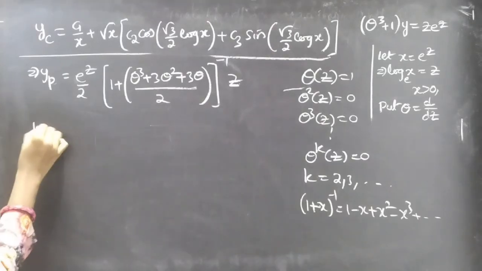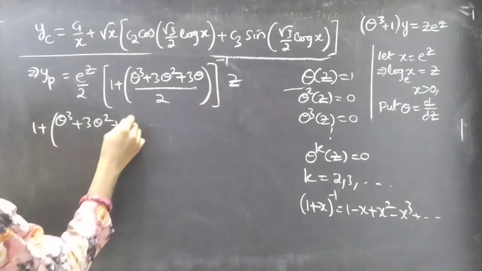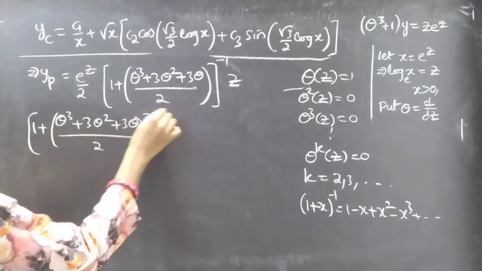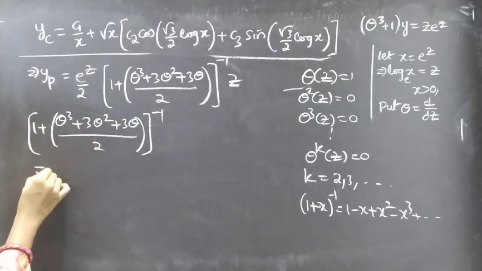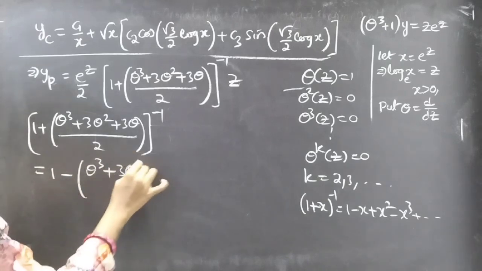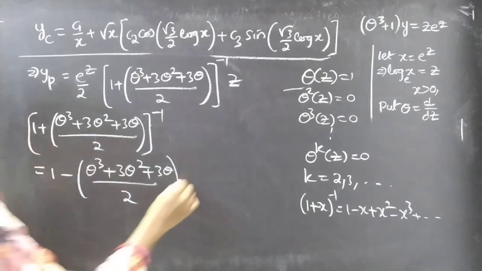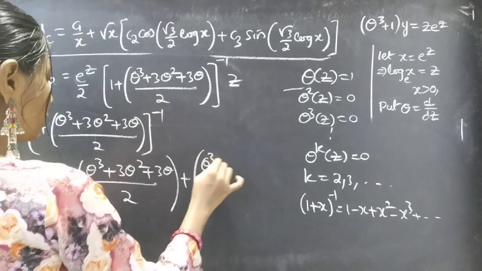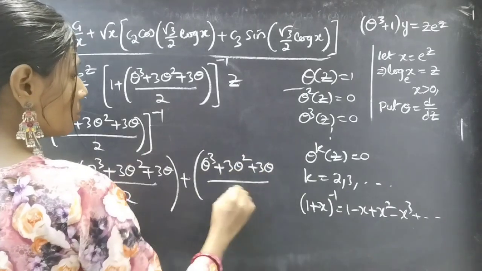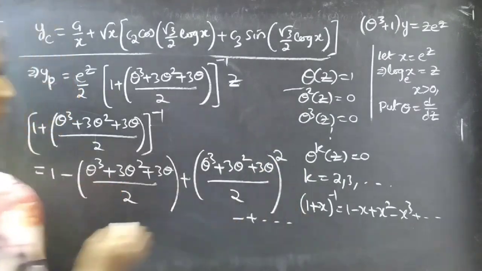Let's now expand 1 plus theta cube plus 3 theta square plus 3 theta by 2 whole inverse. Using this formula, we'll get 1 minus of theta cube plus 3 theta square plus 3 theta by 2 plus theta cube plus 3 theta square plus 3 theta by 2 whole square minus plus and so on.